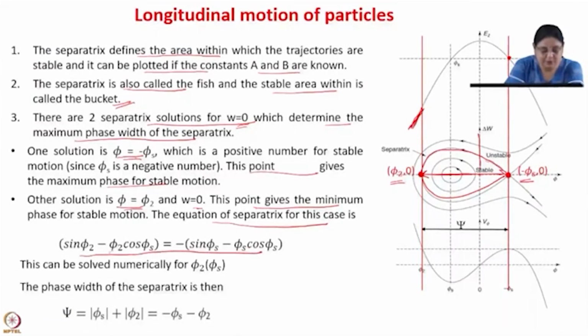From here you can calculate the value of phi 2, which can be numerically solved, and we can see that phi 2 is a function of phi s. The phase width of the separatrix is then given by modulus of phi s plus modulus of phi 2, which is equal to minus phi s minus phi 2, because phi s is a negative number.